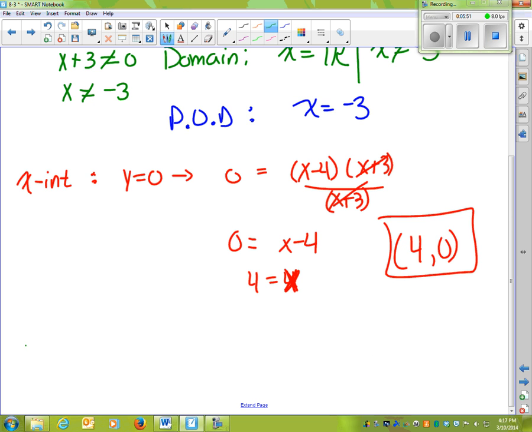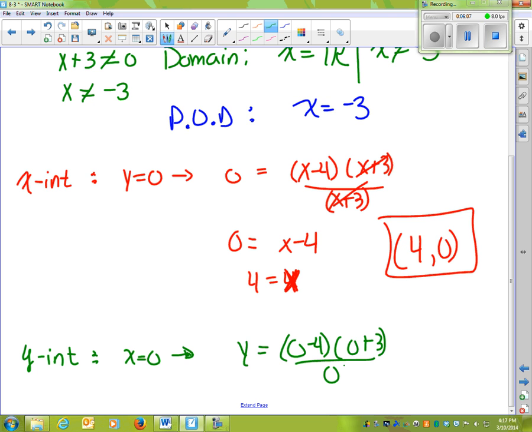Y-intercept. That's when x is equal to 0. Plug it into my equation, and y equals 0 minus 4 over 0 plus 3, times 0 plus 3. Well, the 0 plus 3's cancel, leaving me with y equals negative 4.